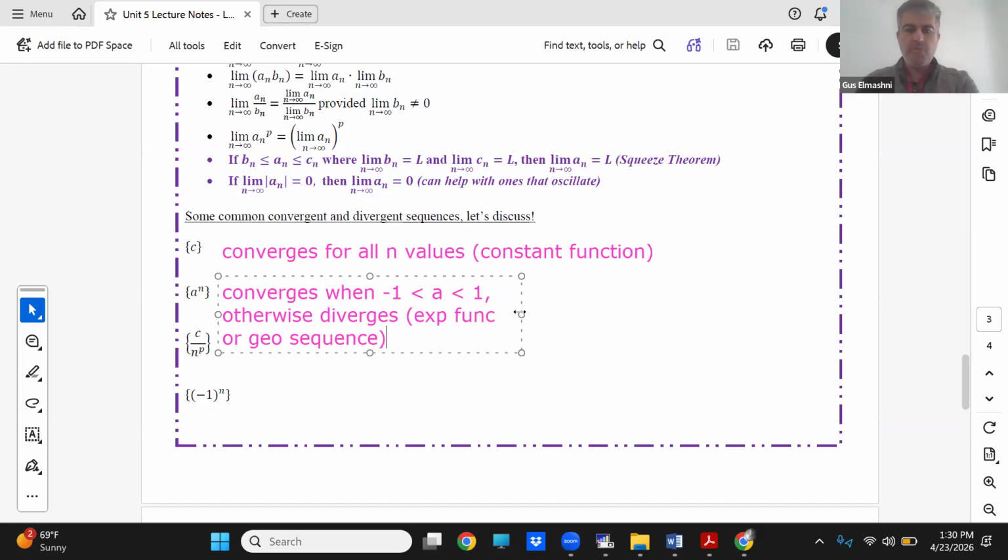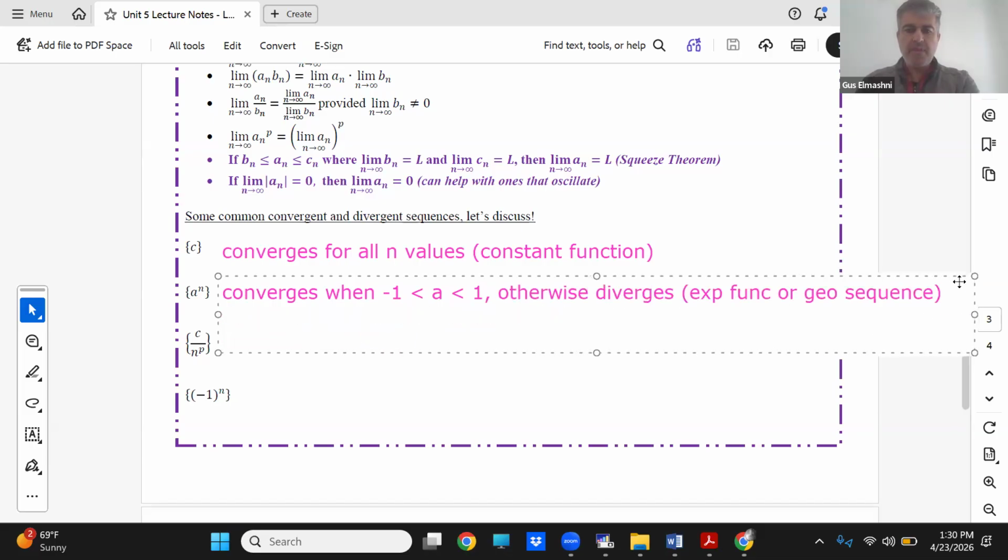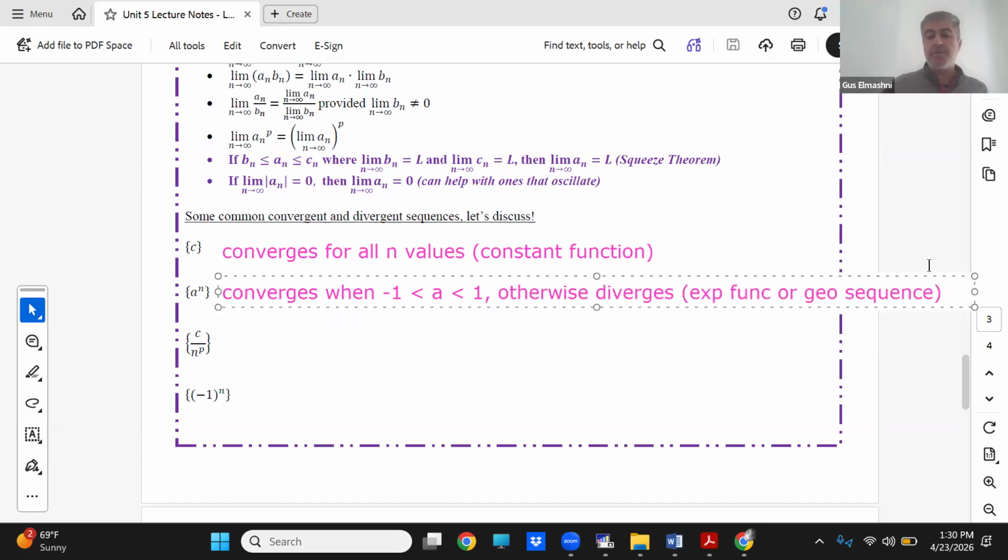So we know this. And you do talk about geometric sequences often in Precalculus BC on the series unit.